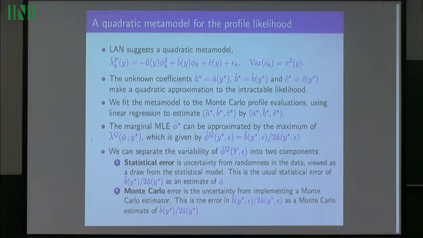We have a statistical error, which is from the uncertainty in the data viewed as a draw from the statistical model, and that's the thing we're most familiar with. And then we have Monte Carlo error, which is the error resulting from the incomplete Monte Carlo convergence. And because we're in a regression setting, we can now just go ahead and analyze these things.